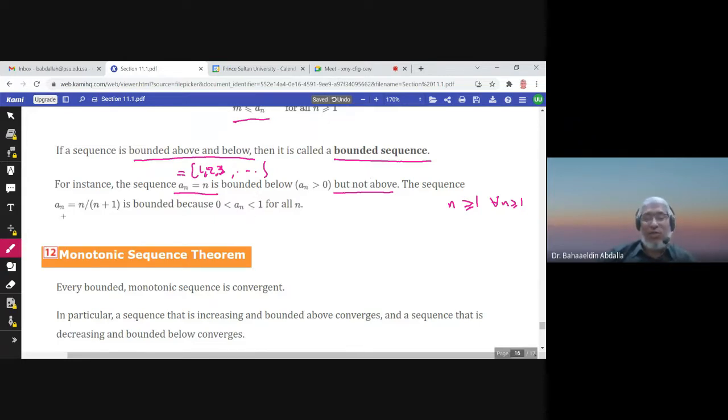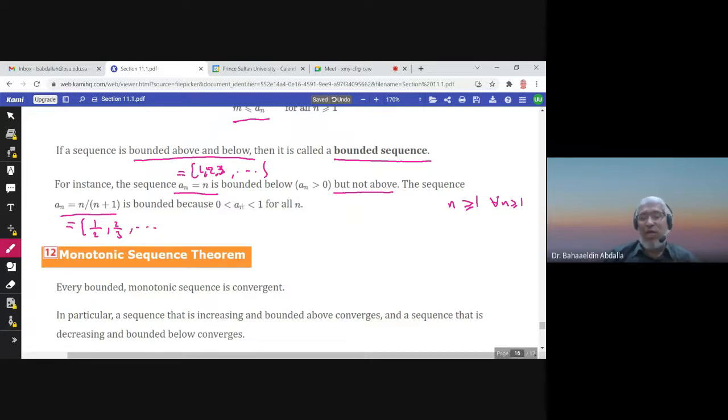While this sequence, n over n plus 1, is bounded above and below. It is bounded above by 1 because the limit of n over n plus 1 is 1. But it's clear what the elements are. If n is 1, 1 over 2. If n is 2, 2 over 3, and so on.